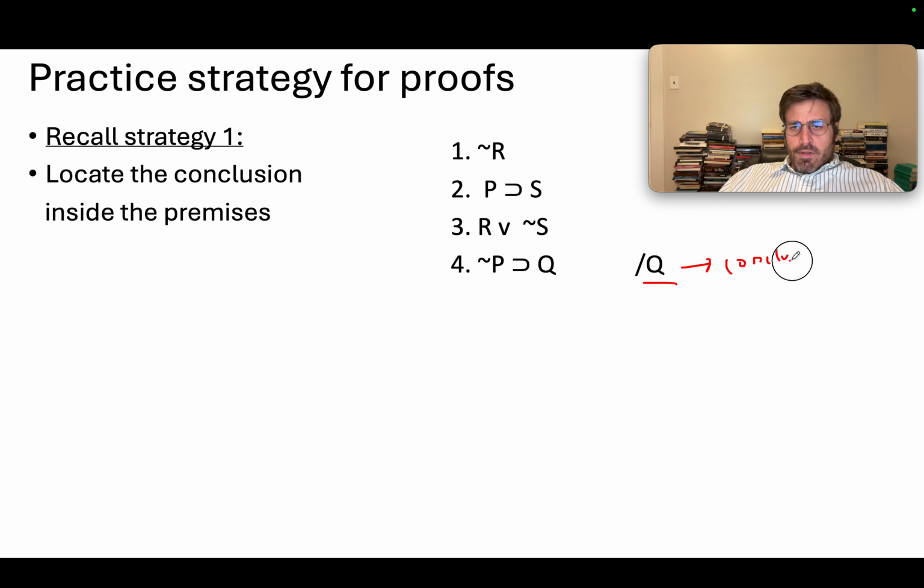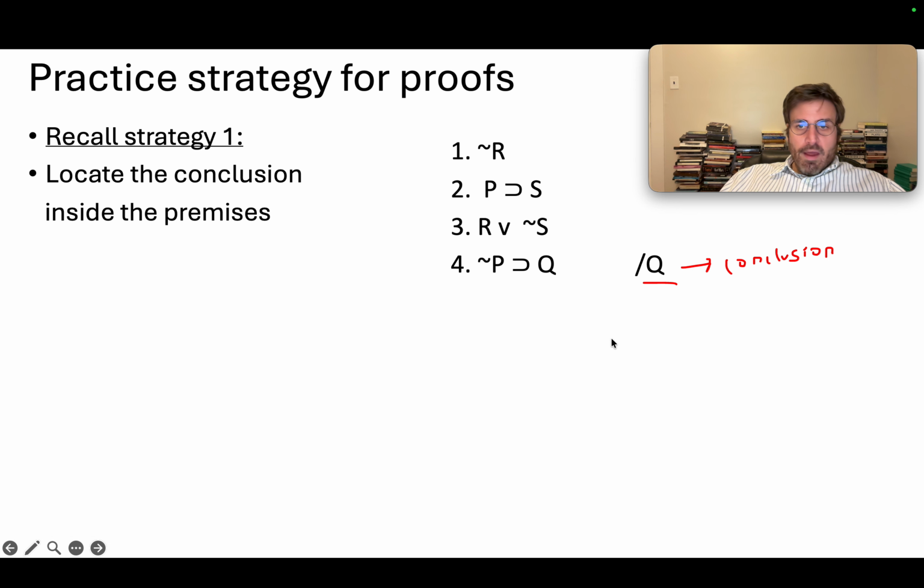So when we're completing the steps for an argument, and we're trying to unfold the implicit steps of the argument by applying the rules of implication, the first step is to take a look at our conclusion and see if we can identify it anywhere within the premises.